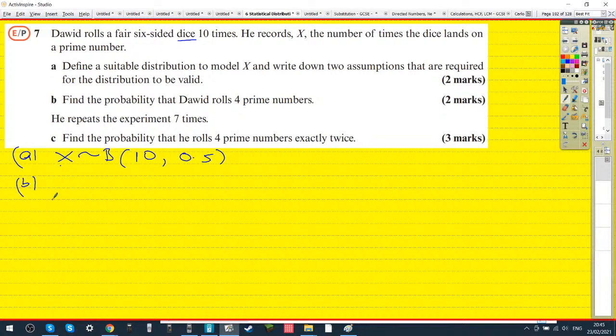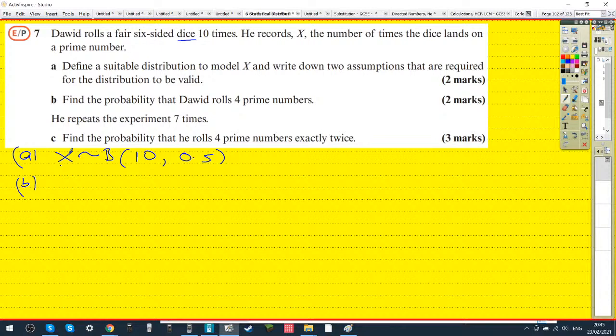What is that, 0.125? How'd you get that? I just did 0.5 divided by 4. So we haven't learned anything, I see. See, he rolls 4 prime numbers. He rolls the thing 10 times.